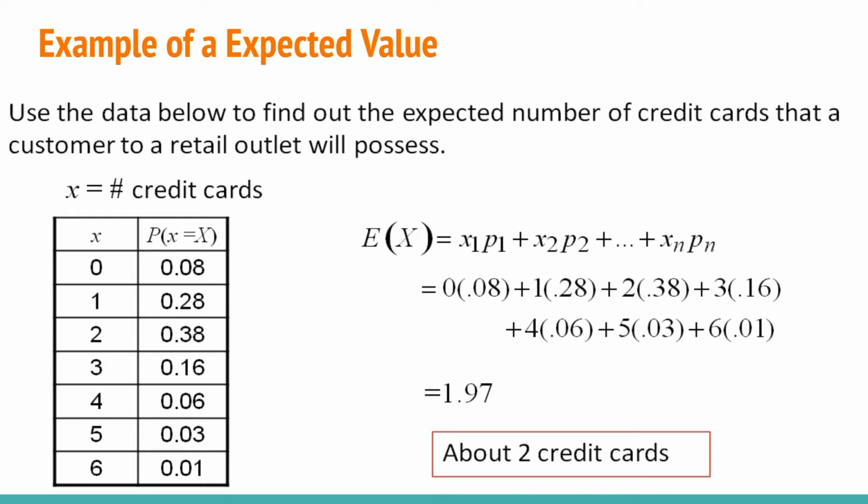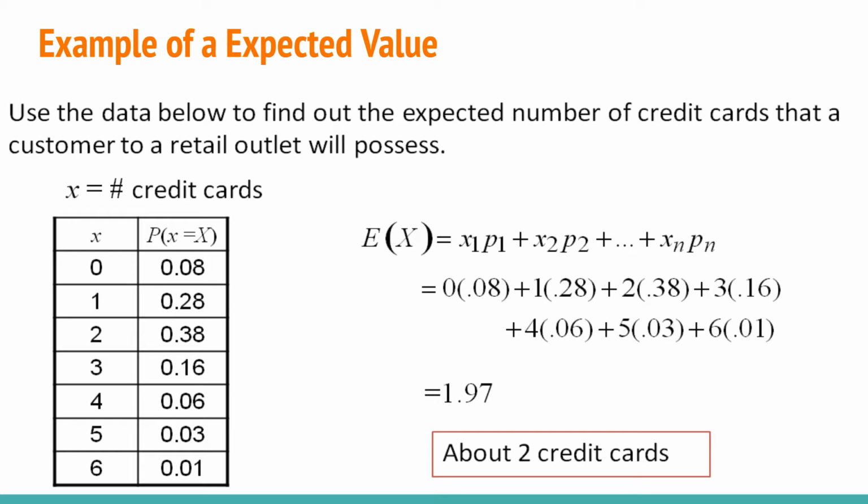The variable is discrete, so we are calculating the expected value for a discrete random variable, because we cannot have 1.5 cards, 2.5 cards, or 3.5 cards, right? So x equal to 0, a person can have no cards. Its probability is very low, just 0.08, then 1 card 0.28, 2 cards 0.38, 3 cards 0.16, 4 cards 0.06, 5 cards 0.03, 6 cards 0.01.